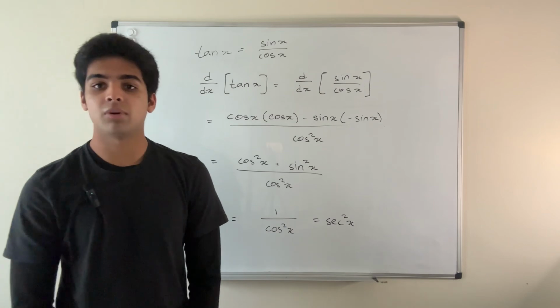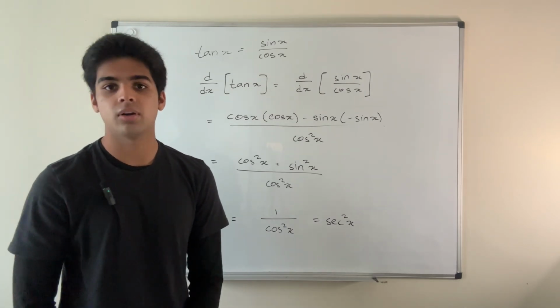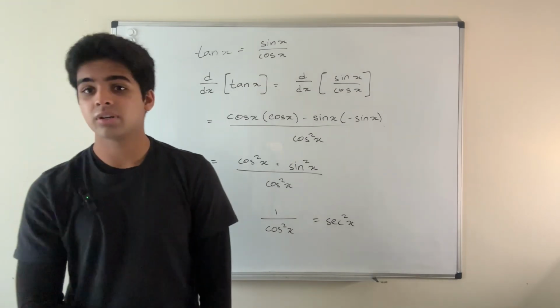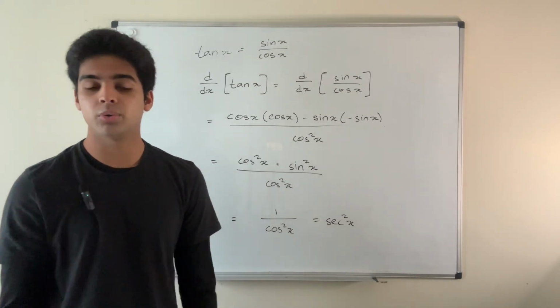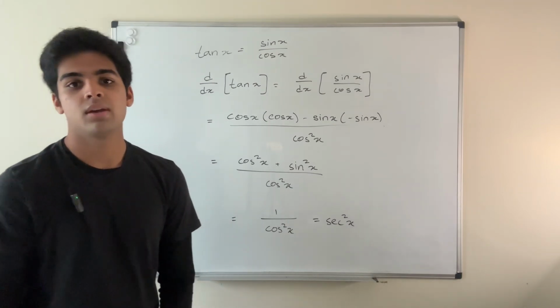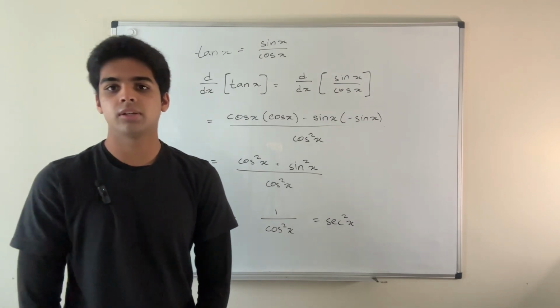So I'd say just memorize all of the separate trig functions, and you'll see that it's actually not too hard once you start to do it. However, if you do randomly forget one trig function, you should know you can always do quotient rule and get there the hard way. But overall, I just say memorize them, and it'll make your life a lot easier.